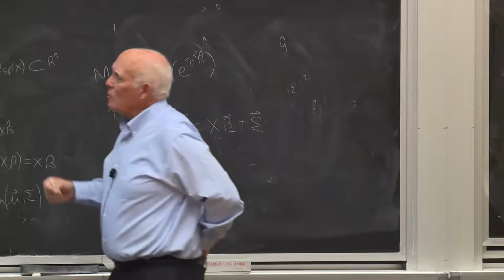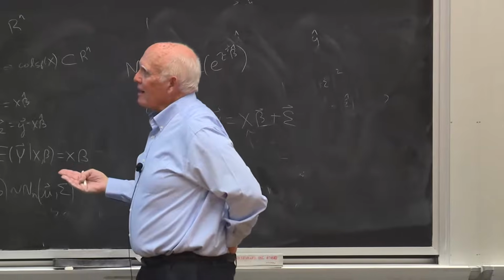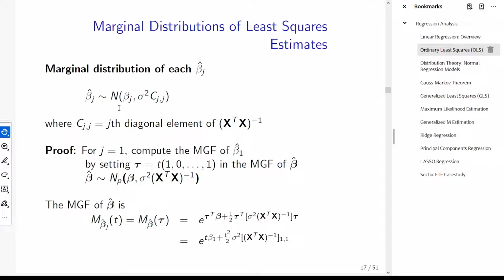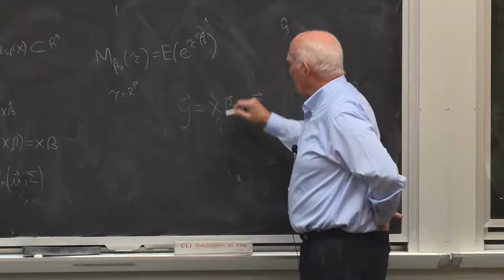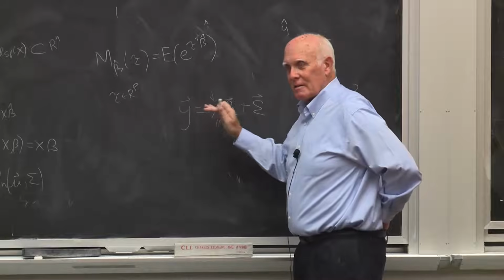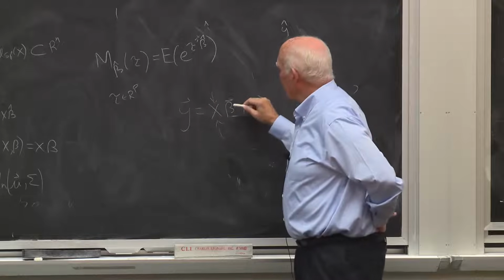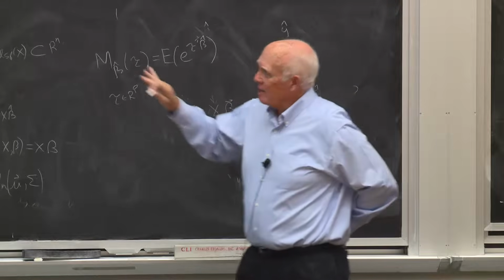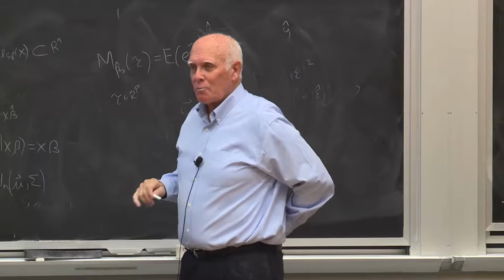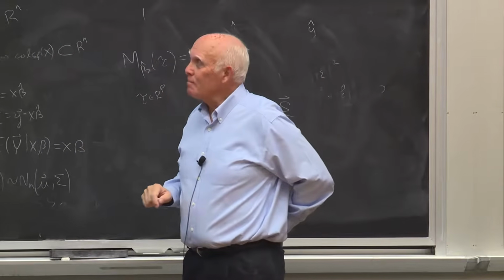With these models, we might be interested in a particular column of the X matrix and want to estimate the beta j, the regression parameter relationship for that.